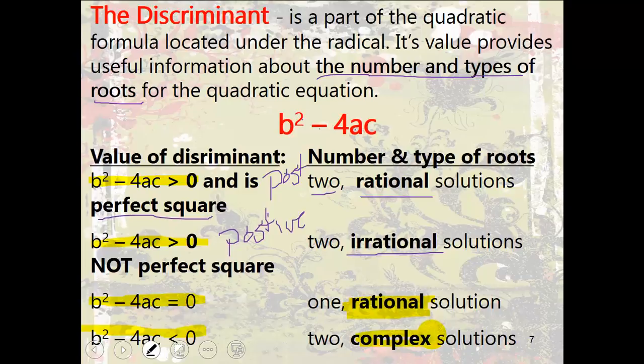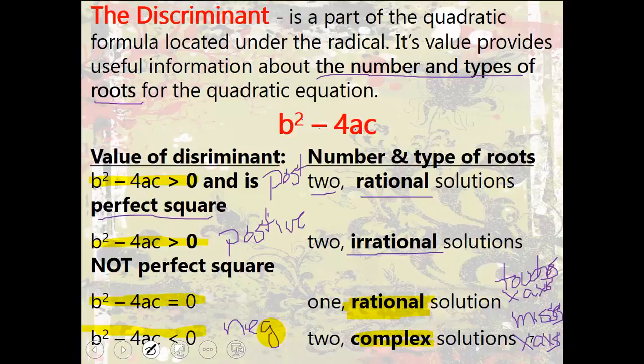This means that the graph does not touch the x-axis. It misses the x-axis. Remember, b squared minus 4ac less than 0 means it's negative, all right?